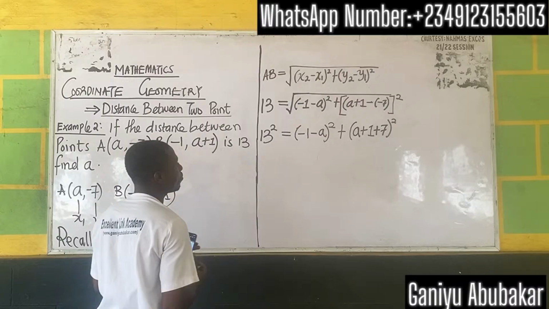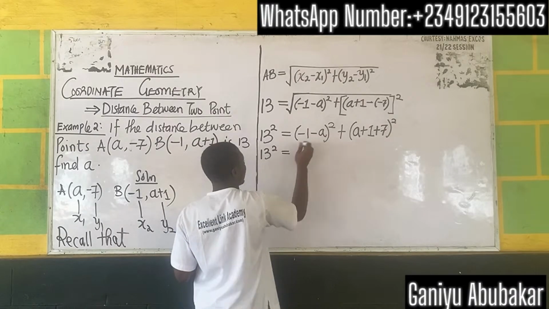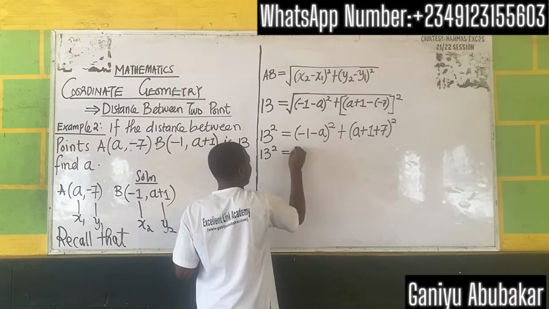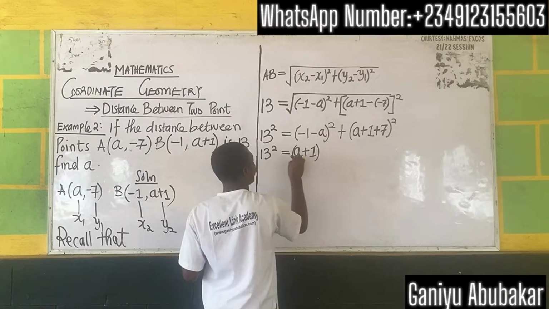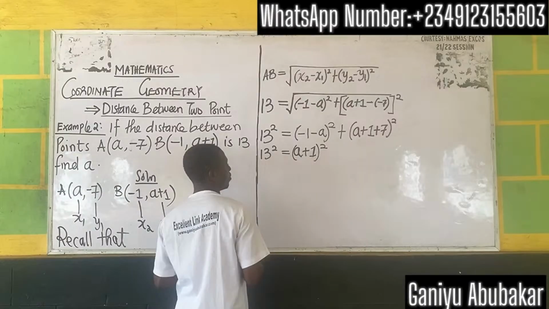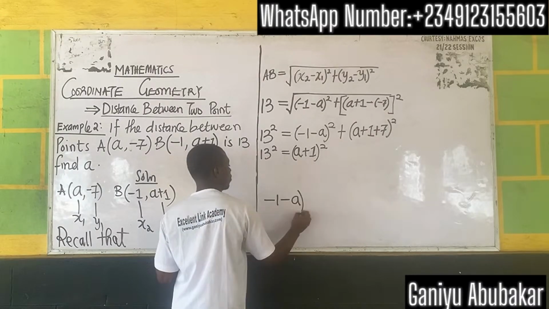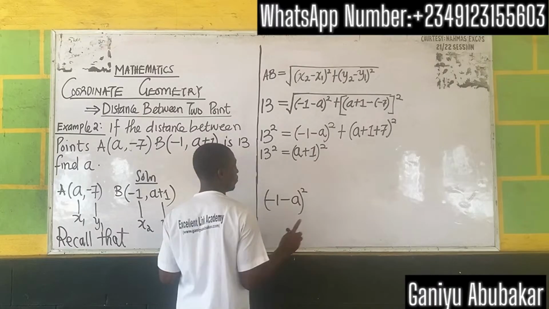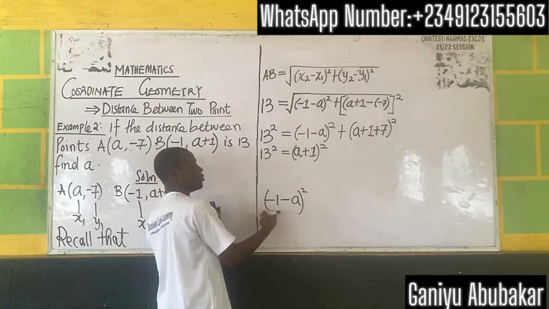Proceeding, this gives 13 squared equals, from here, this can be written as A plus 1 all squared, still valid. How? We have minus 1 minus A all squared, and I want to eliminate this negative because it looks weird this way.